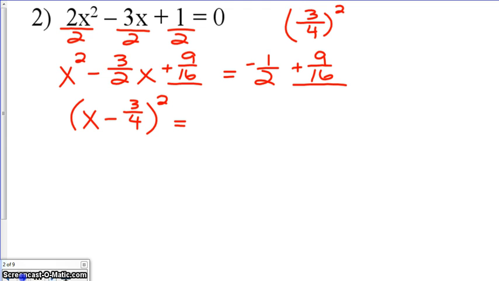If I simplify the right-hand side, I have to combine like terms, meaning I need to turn my negative 1/2 into a denominator of 16, which is negative 8/16. So when I simplify over here, I'm going to have 1/16. Square root both sides.